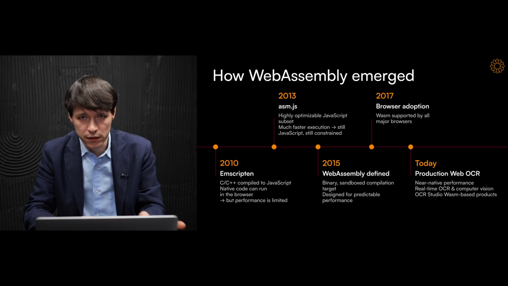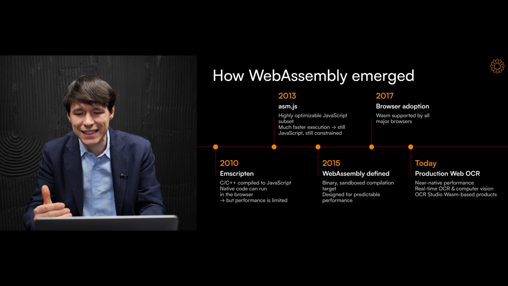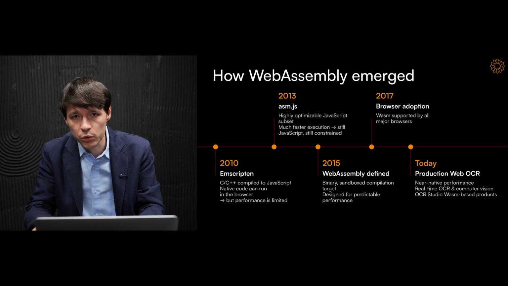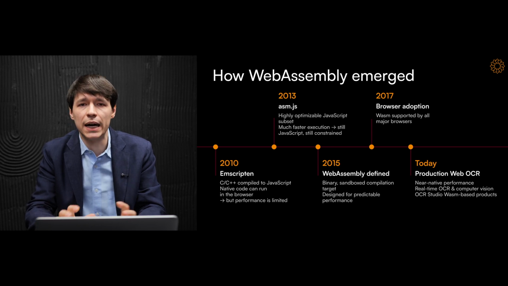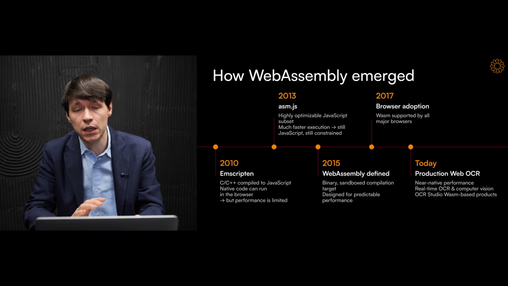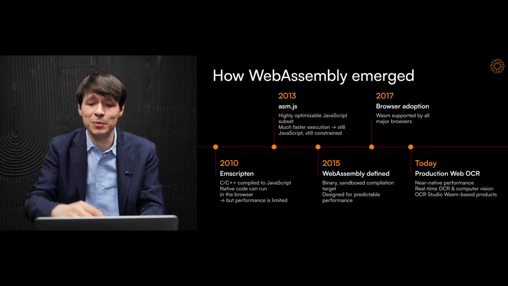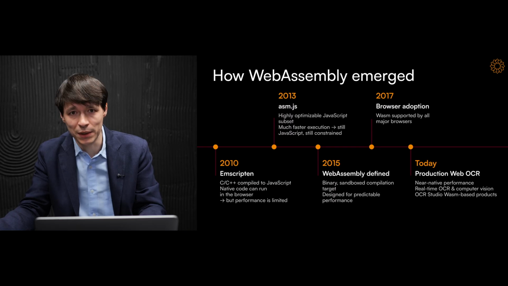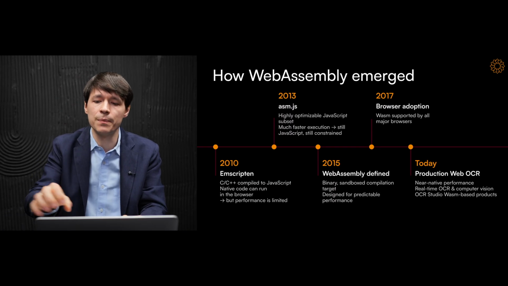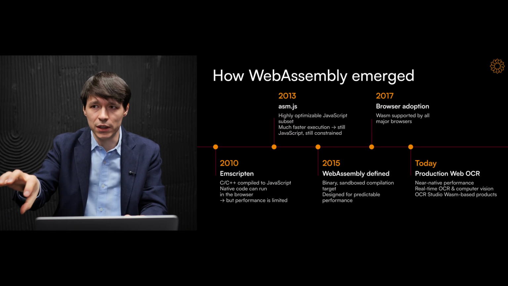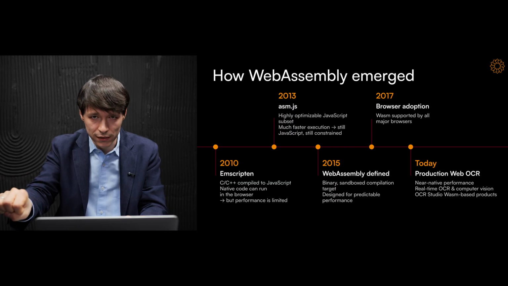WebAssembly didn't replace the previous model, it just extended it. The same Emscripten toolchain could now compile low-level C++ code not into JavaScript, but into this WebAssembly, into this intermediate language. It's like a binary blob of compiled data.